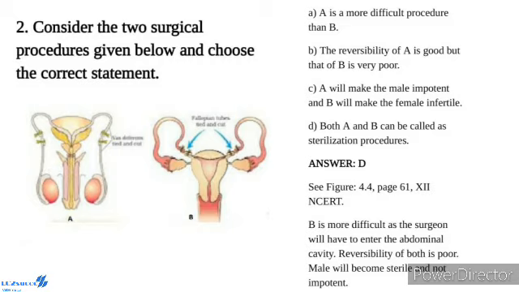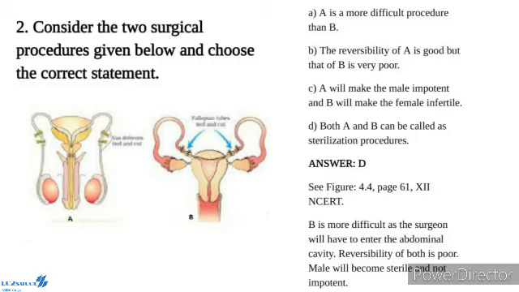Surgical intervention blocks gamete transport and thereby prevents conception. Sterilization procedure in the male is called vasectomy and that in the female tubectomy.